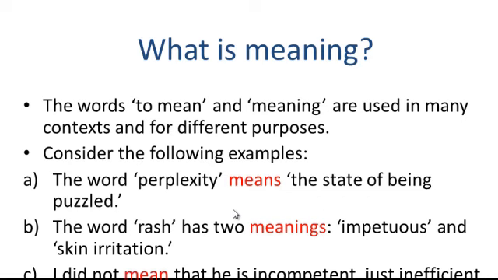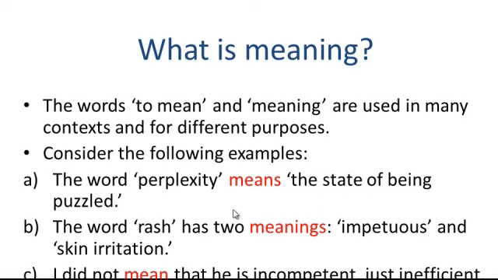For instance, if you look up a word such as perplexity in a dictionary, you will find that perplexity is a word that means the state of being puzzled. So the word perplexity means the state of being puzzled. In other words, it implies that perplexity equals the state of being puzzled. To illustrate this further, let's consider the word rush.